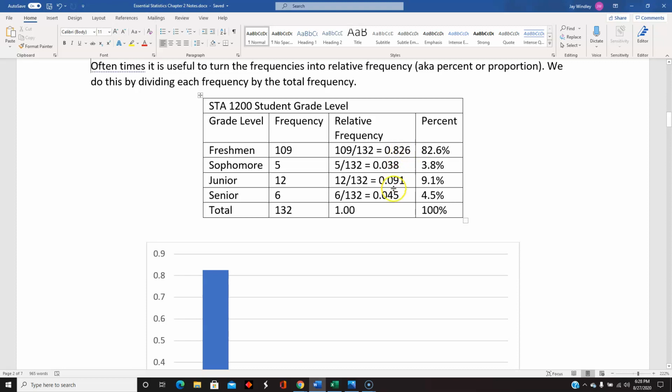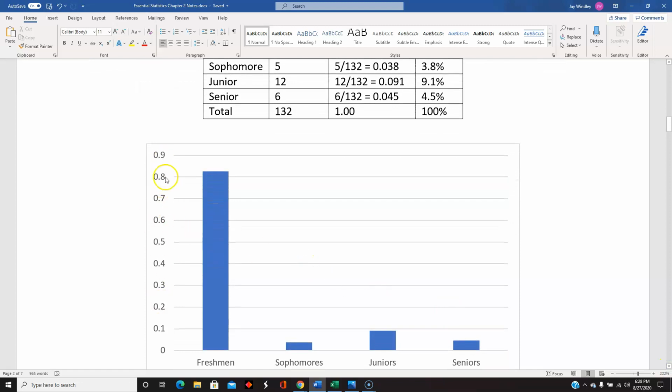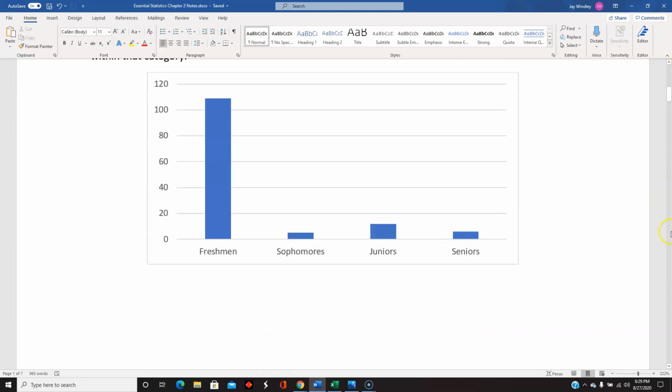And you can do that with each of these values of the grade level variable, and then do a bar graph where the y-axis is relative frequency instead of frequency. And it's essentially the same picture that we saw before.